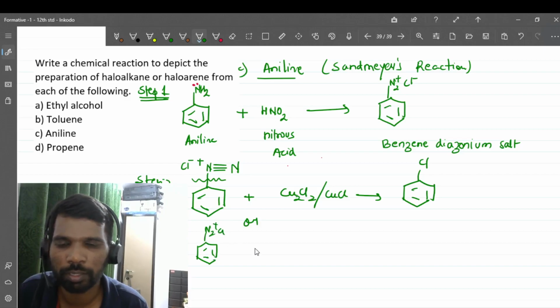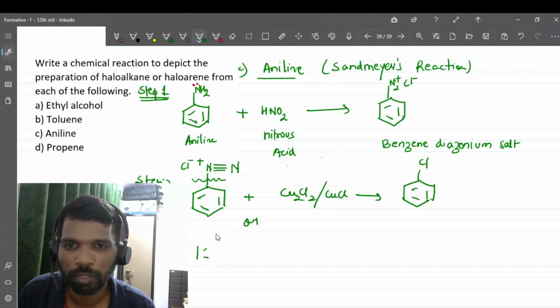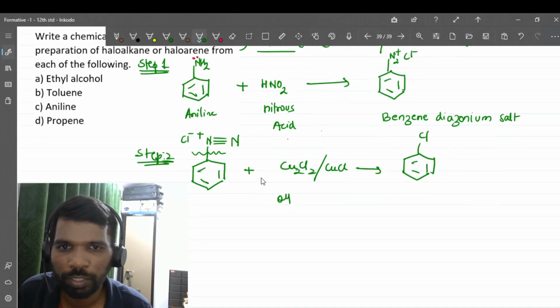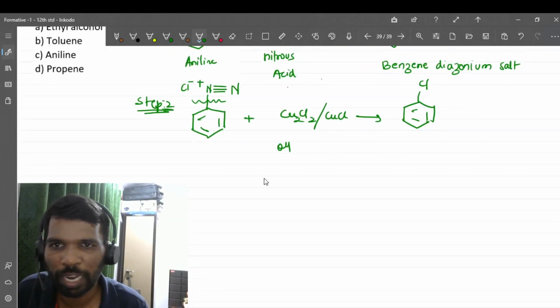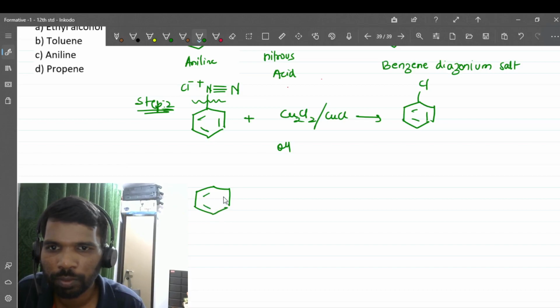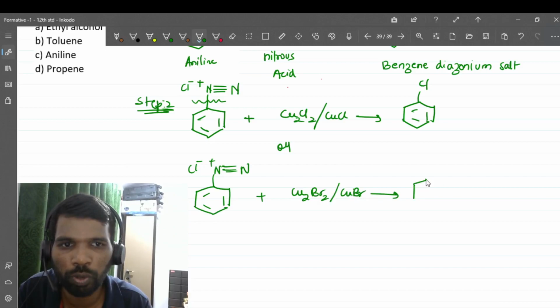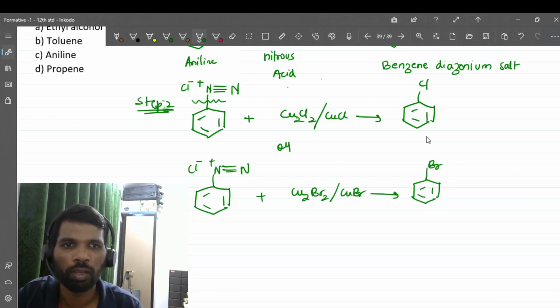Or if it is this, N2+Cl minus, understand? Step 2 possibility is that if it is this, nitrogen triple bond plus and Cl minus, plus Cu2Br2 or CuBr, this is going to give you a bromoarene, or bromobenzene.